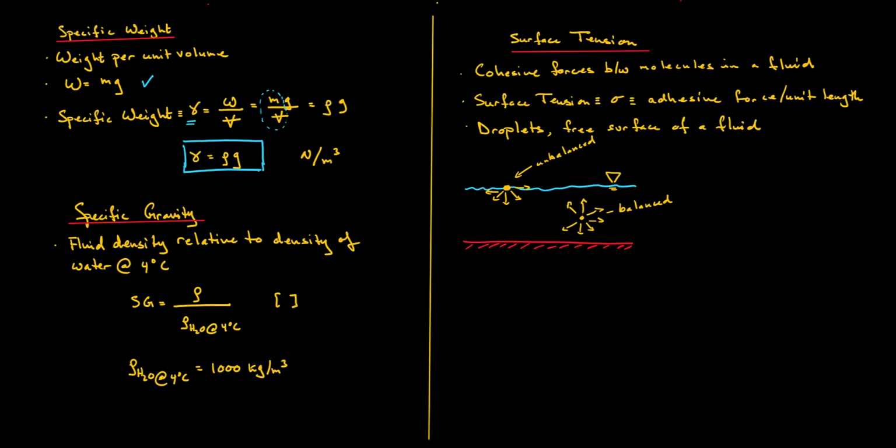So the surface tension, given by sigma, is the adhesive force per unit length. We see this in droplets, or the free surface of a liquid. So here we're showing a liquid, and its free surface is exposed to atmosphere. So this little symbol here, this inverted triangle, indicates that we have atmospheric pressure at this boundary.